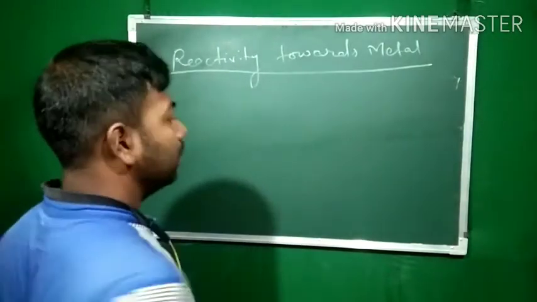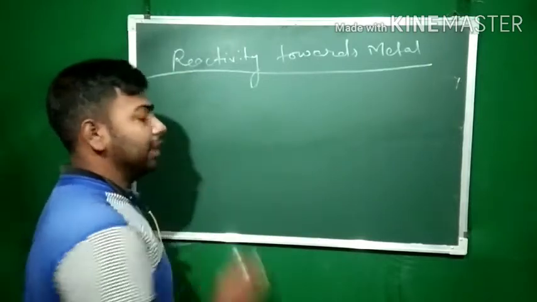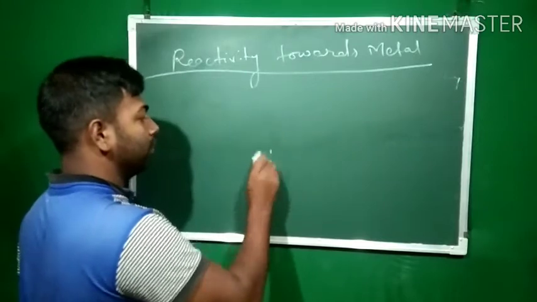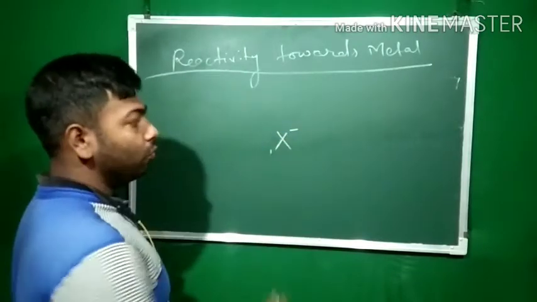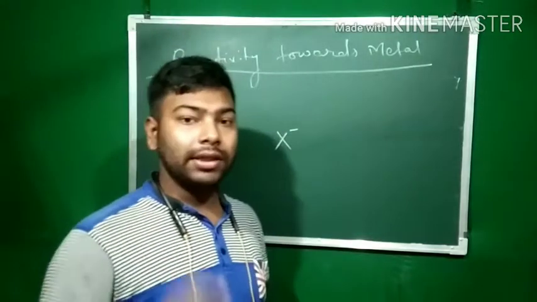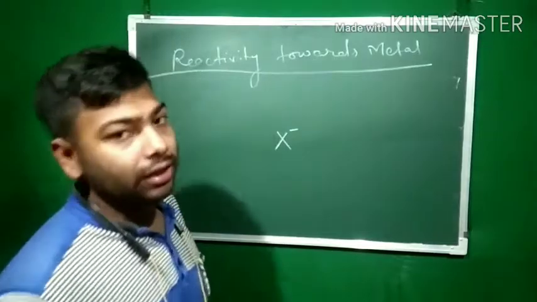Due to the monovalent nature of halogen, where X is a halogen, X minus, it can form only one bond in normal cases. That's why halogens usually act as monovalent.